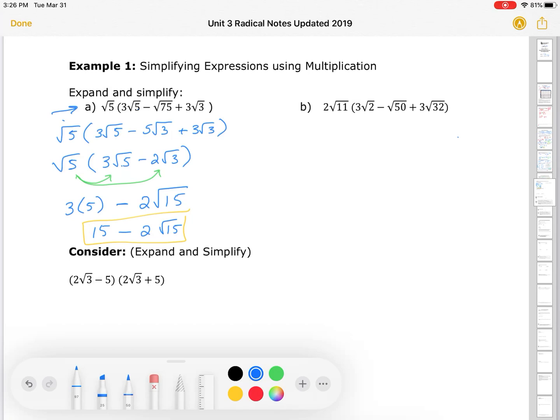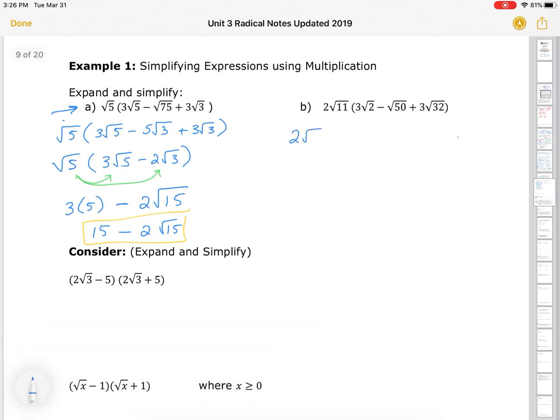Okay. Looking at the next one, and here you're really going to see why simplifying helps us a lot. We're going to go 2 root 11 times the bracket: 3 root 2. Now to simplify this, minus root 50.